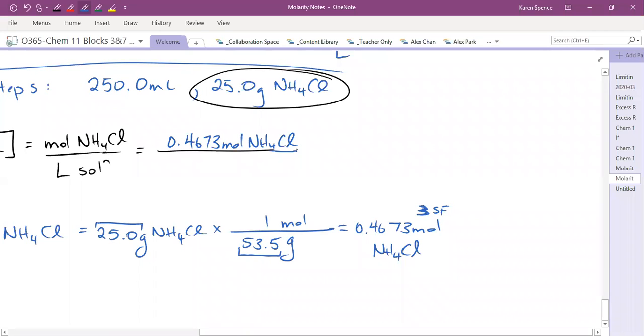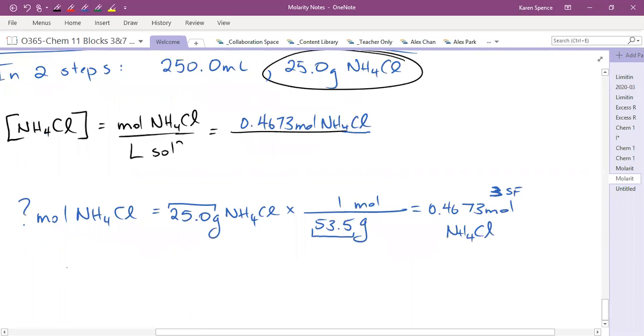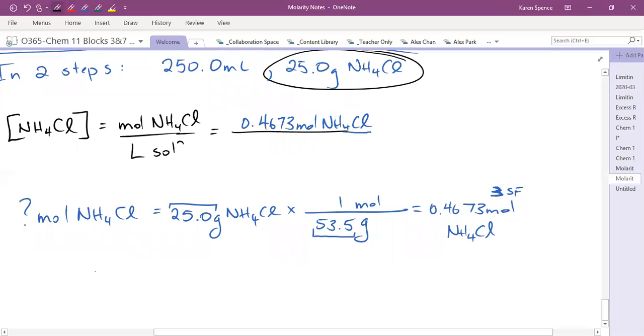Now we wanted to have liters. So once again, there's 2 ways of converting milliliters into liters, 250 milliliters.